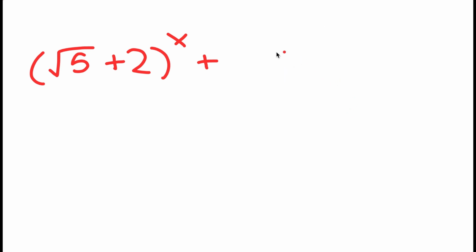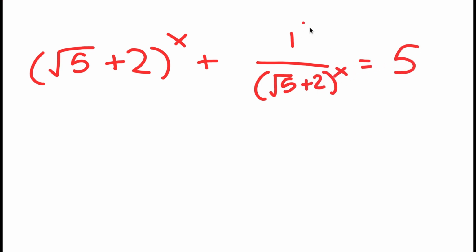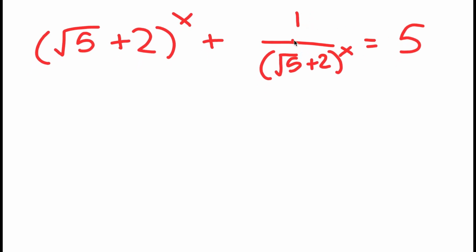And this is the same thing as 1 over the square root of 5 plus 2 to the power of x is equal to 5, because 1 to the power of x is the same thing as 1. So we don't even need to worry about that.